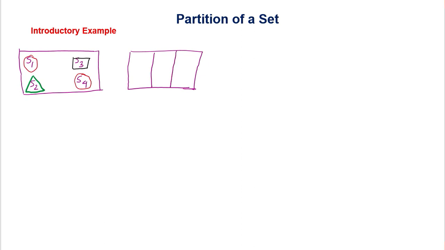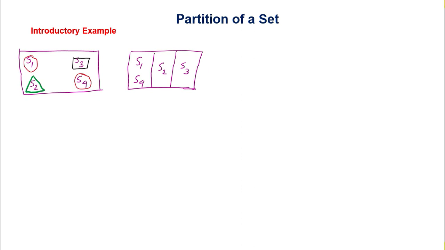We can create segments like this so that students S1 and S4 are placed in one segment, S2 in one segment, and S3 in the rest of the segments. Now, this is creating a partition.